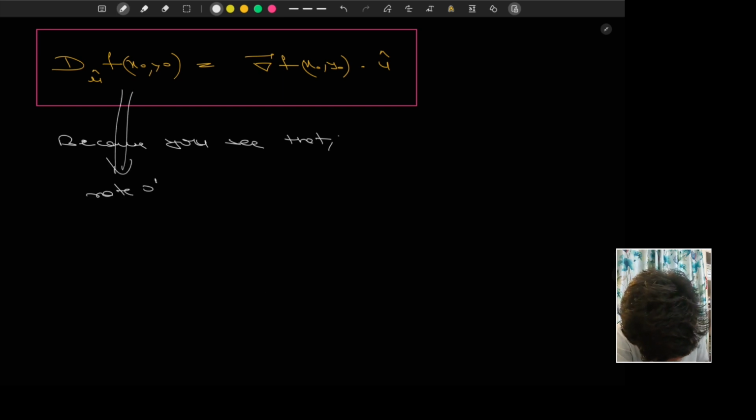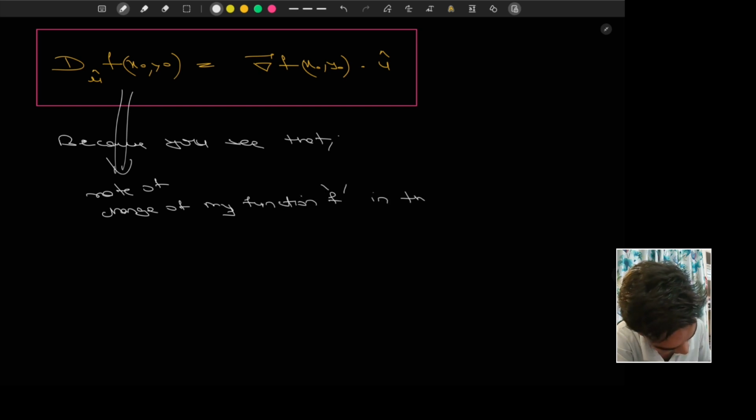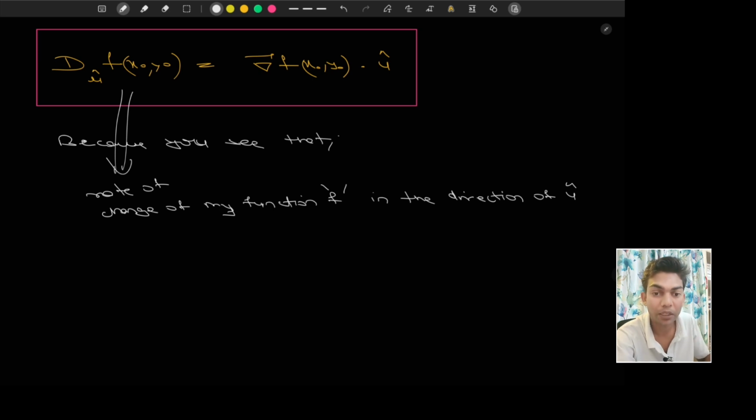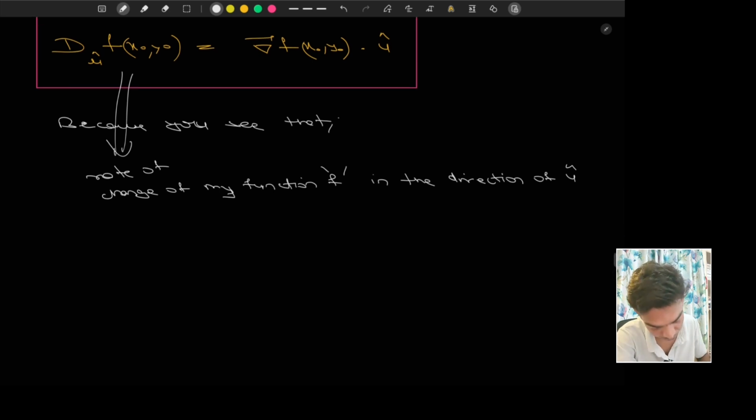This represents the rate of change of my function f in the direction of u, right? That's what it means, that is how my function is changing if I move in the direction of u. That is the rate of change of my function in the direction u.